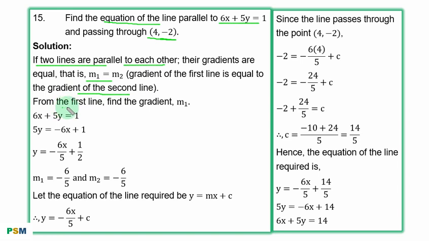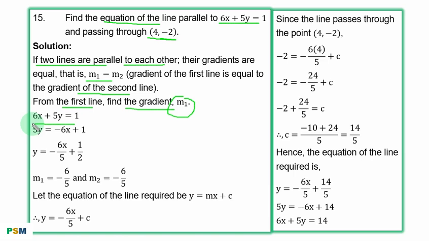From the first line, find the gradient m1. So from the first line, once you know its gradient, it becomes the gradient of the second line you want to look for, which is parallel to the given line. From here, to get the gradient, you write this equation in the gradient intercept form.